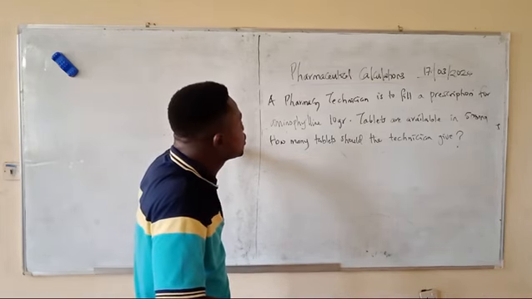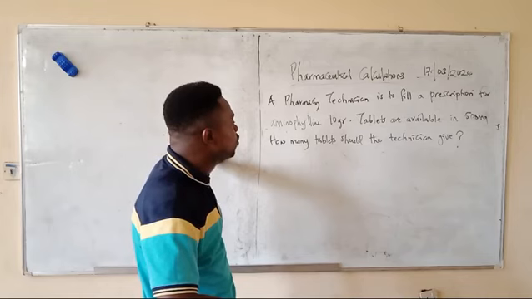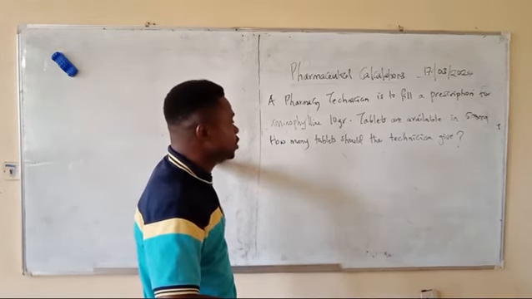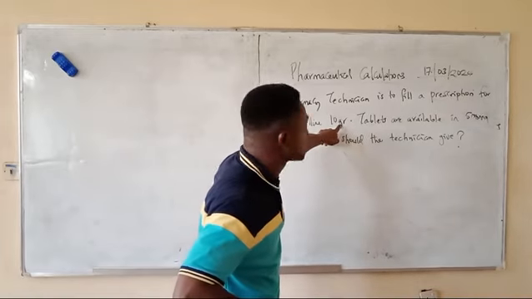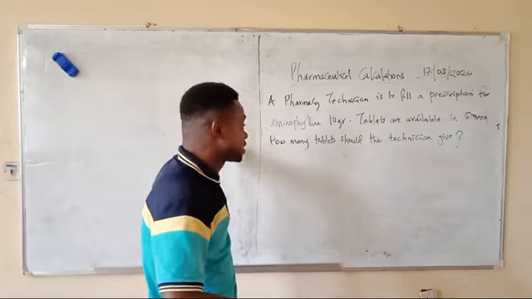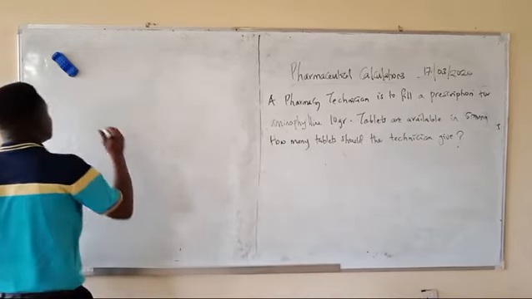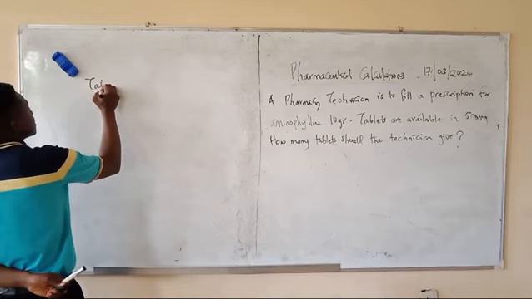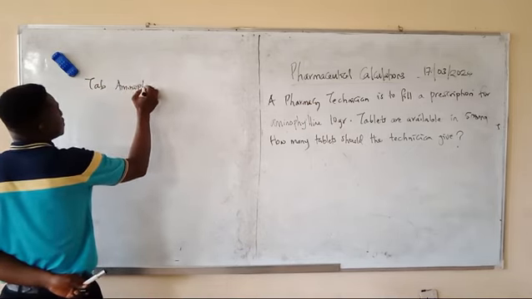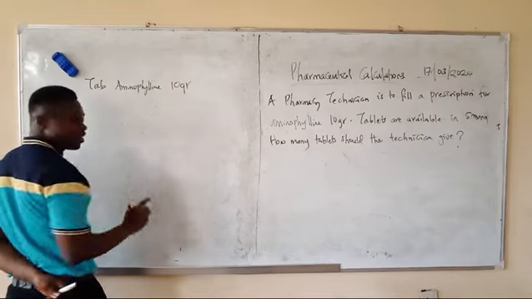Now, the question says, how many tablets should the technician give? For you to be able to solve this question, you need to convert this to milligram first. So let's move this to milligram. The question says tablets aminophylline 10 grain, not gram.